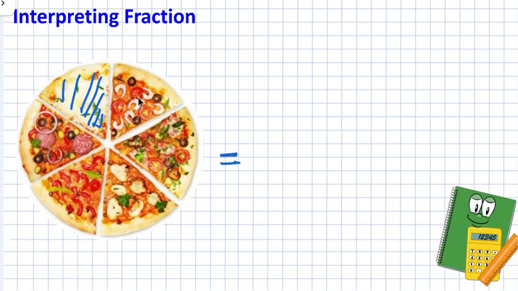From here we have 1, 2, 3, 4, 5, and 6. So we have a total of 6 parts. So that will go to the bottom. Now, the part that we have is 1. So our fraction becomes 1 over 6.